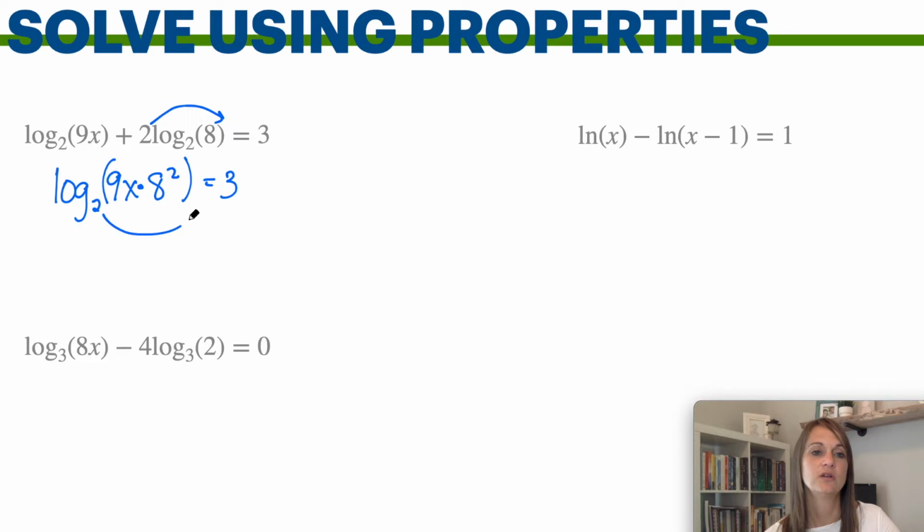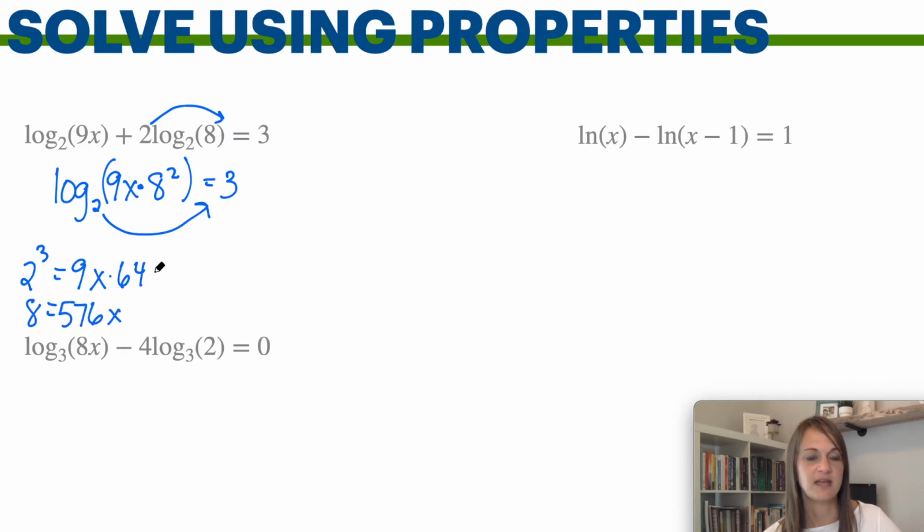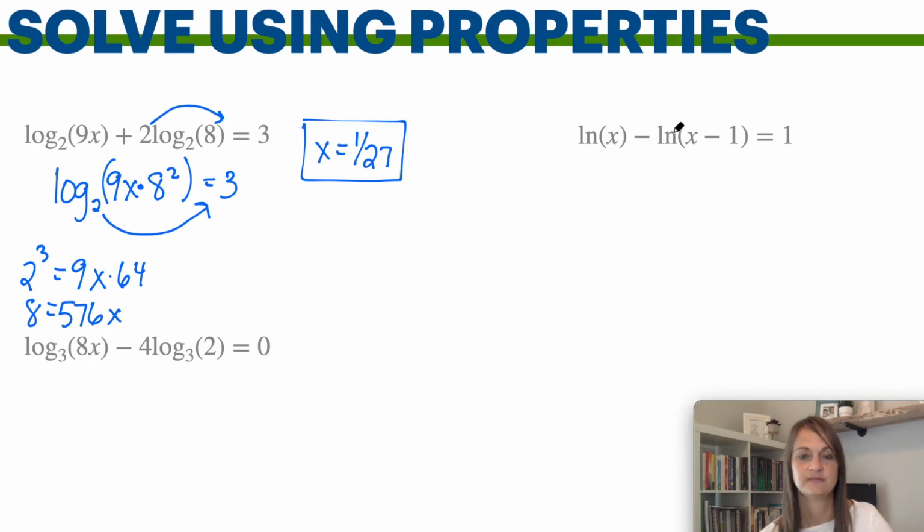So 2 raised to the third equals 9 times x times 64. So we'll get 8 equals 9 times 64, which is 576 times x, and then solve for x. I'm going to divide by 576, and I will get 1 over 27.